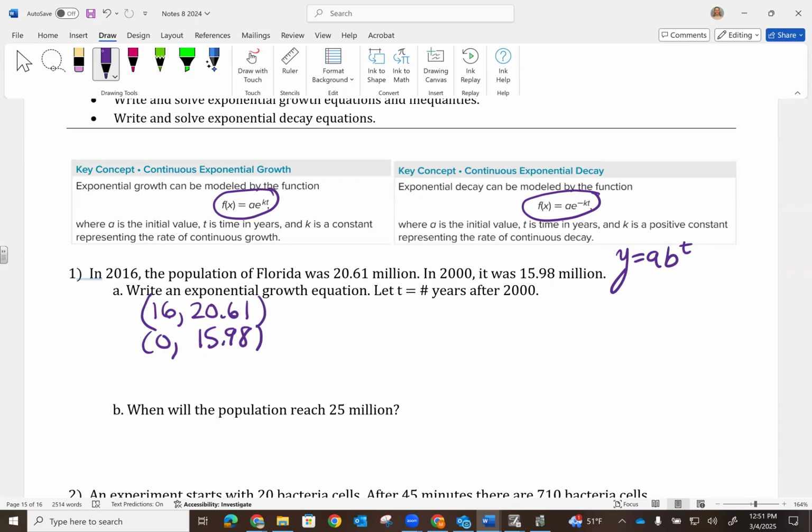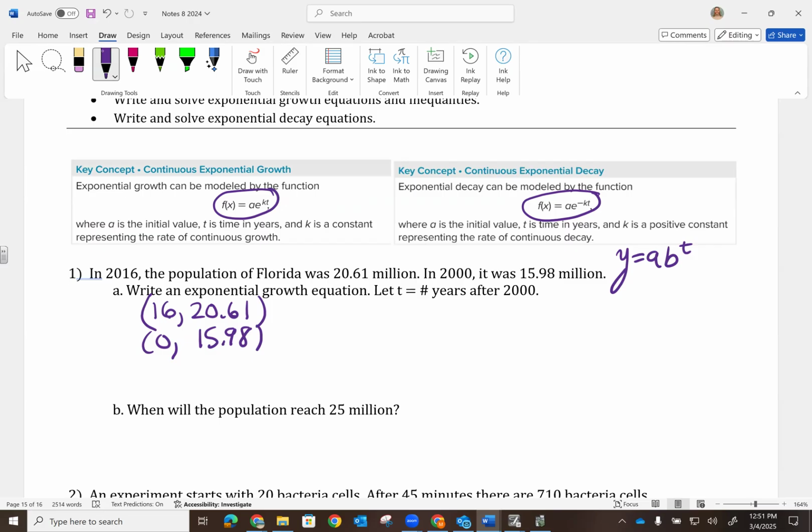Okay. Is our situation growing or decaying? Are there more people or less? It's growing, isn't it? Yeah. Because in 2000, there were 15 million. And then 2016, there were 20 million. Okay. So it's getting more.